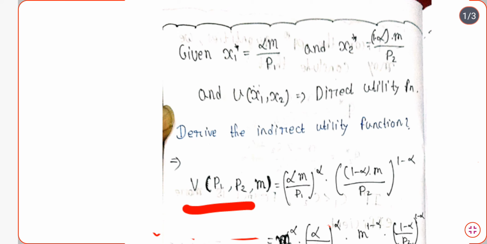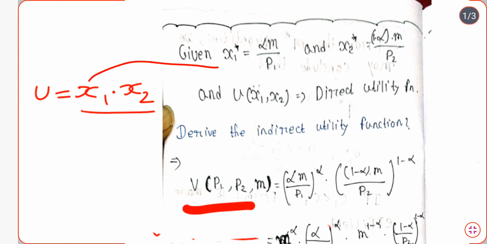Now utility function is x1 into x2. That was also given in the question, but I have somehow missed that part of the question. I am writing it here so that you will understand it. Utility is given as x1 into x2. So if this is the function of utility, then if we plug in the value of x1 and the value of x2 from the given values, that becomes the function.